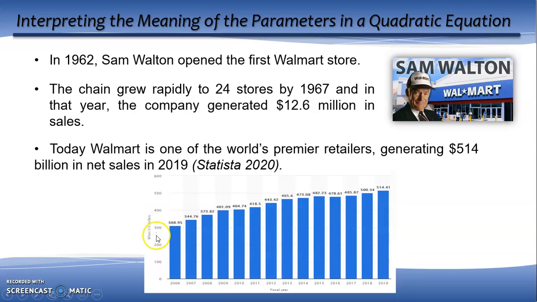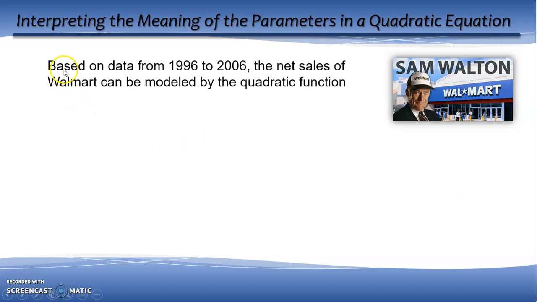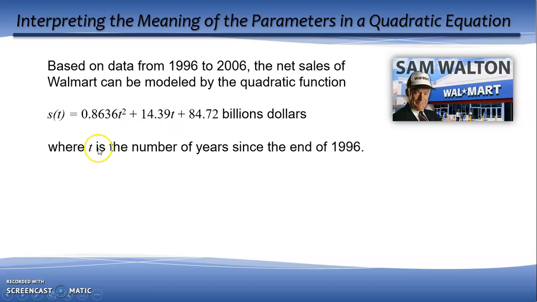Okay, so we have this data. We collect this data from 1996 to 2006 in this case, and using a quadratic regression, we're going to find an equation. Based on the data from 1996 to 2006, the net sales of Walmart can be modeled by the quadratic equation S of t equals 0.8636t squared plus 14.39t plus 84.72 billion dollars, where t in this equation is the number of years since the end of 1996.